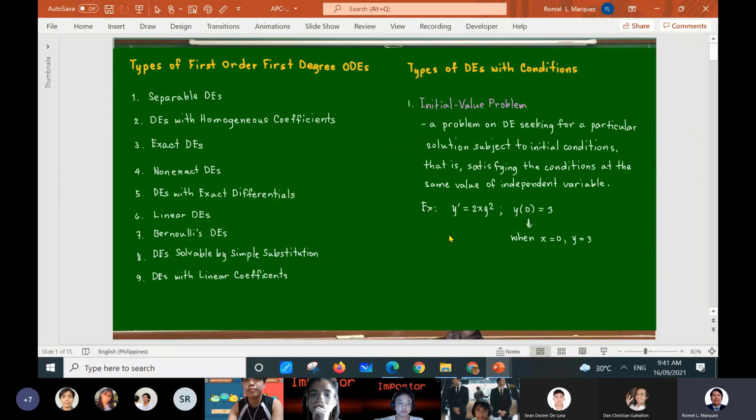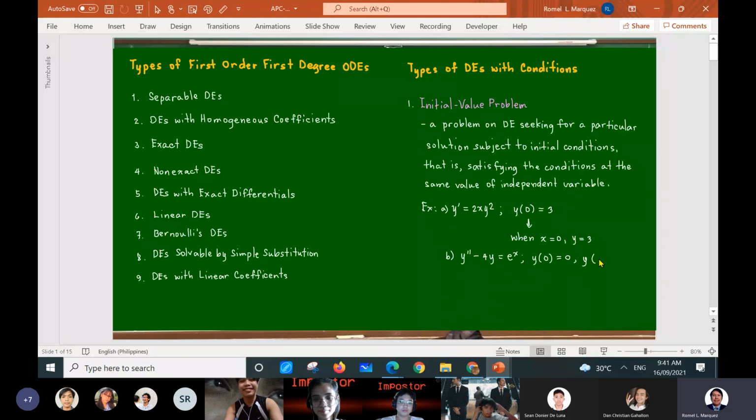What about if I have, let's say, y double prime minus 4y is equal to, let's say, e to the x, subject to the condition that when x is 0, the value of y is equal to, let's say, 0. And then there is another condition.